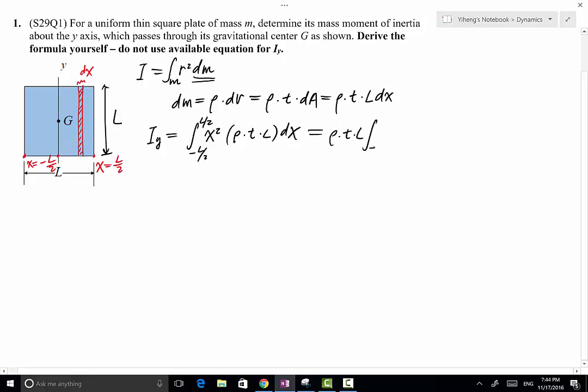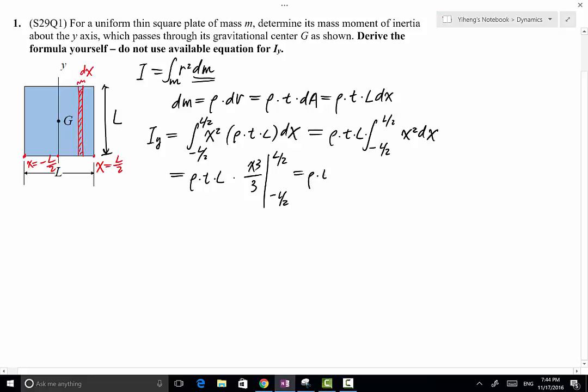So this becomes integrating from negative half an L to positive half an L, x squared dx, which equals rho times t times L, 1/3 x to the third power evaluated from negative half an L to positive half an L.